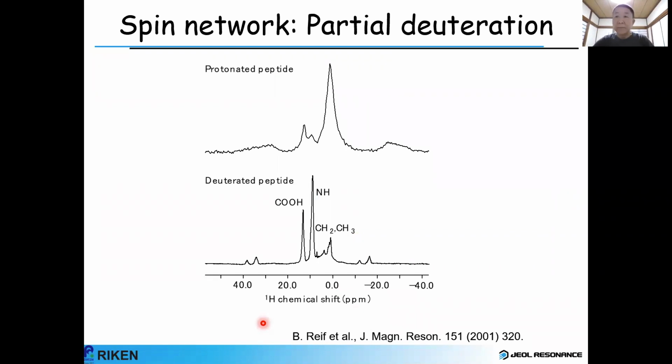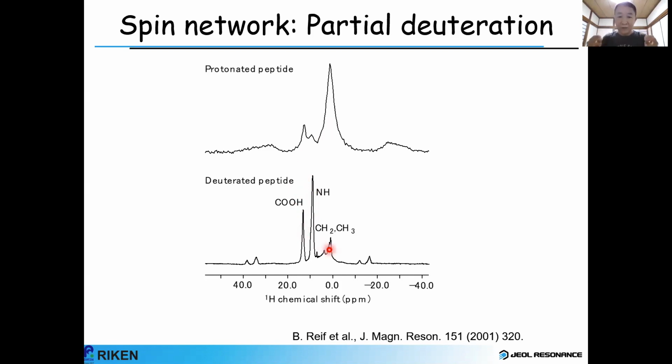Here we show the effect of the network. This is the NMR spectrum of a fully protonated peptide. You see the huge broadening due to the homogeneous broadening. Then, if we observe the NMR spectrum with partial deuteration, you see significant improvement of resolution.